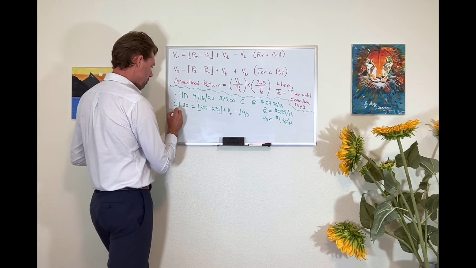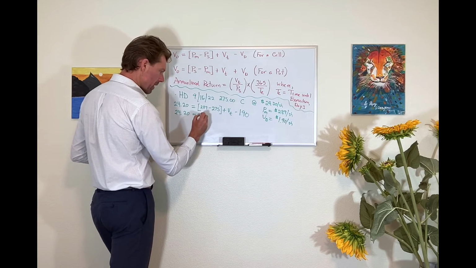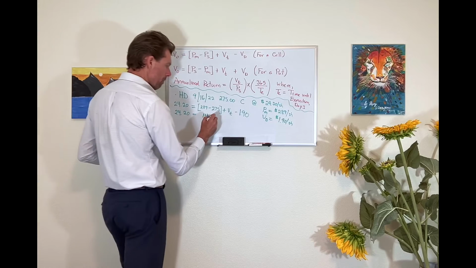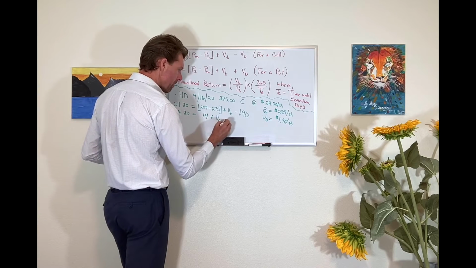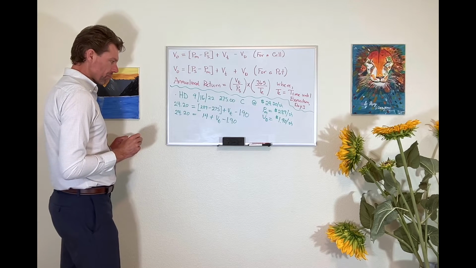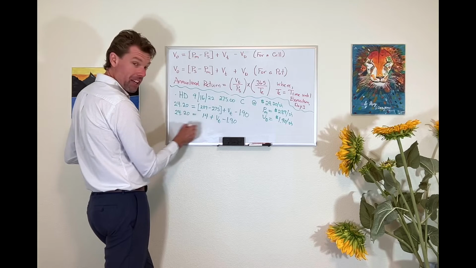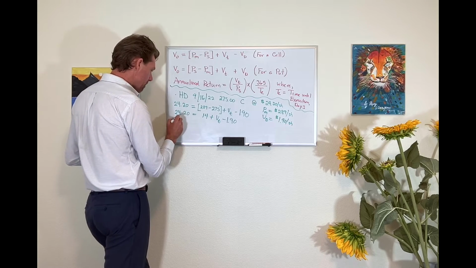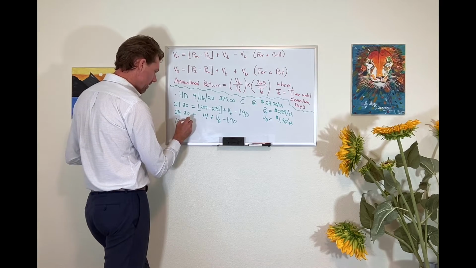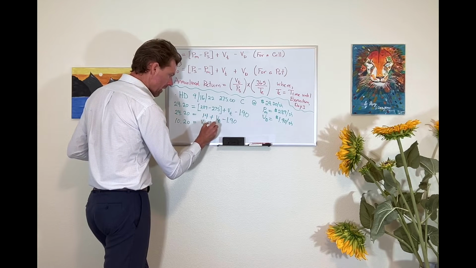Okay, so we have 24.20 equals 14, as we know that, plus time value minus 1.9. Now we have 14, so we have to minus the 14 on the other side, so that brings it now to 10.20 equals VT minus 1.9.